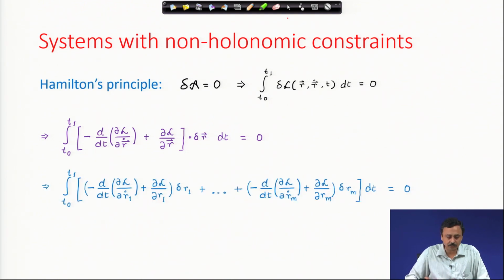I have just written out this dot product as a summation, you can check this, and I have written out individual coordinates r_1, r_2, etc. Remember that these delta r_1, delta r_2 up to delta r_m cannot be chosen independently, because variations cannot be given independently due to the non-holonomic constraints.